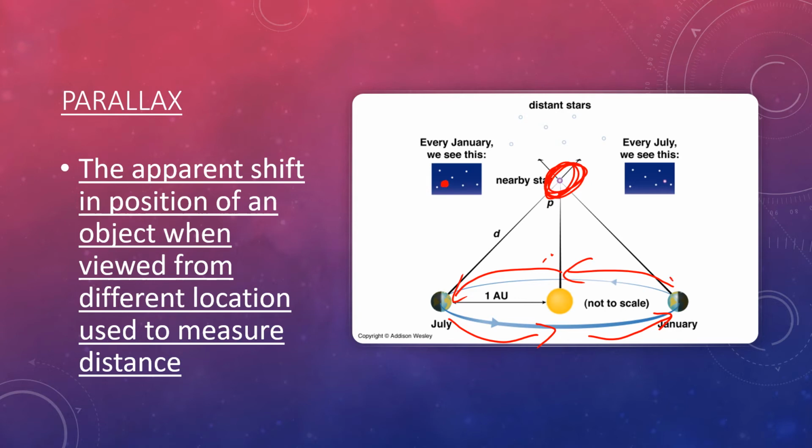But as we move around the Sun, this star has moved over here. And so this gives us a distance to measure. That allows us to figure out what the distance is of objects far off and how many light years it takes.